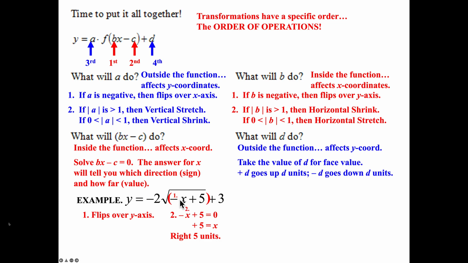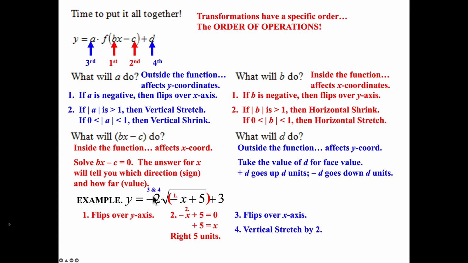Inside is now done. To the outside, multiplication of negative 2. That's really two transformations. This is really negative 1 times 2. Negative 1 is first. Negative on the outside flips over the x-axis. That's number 3.